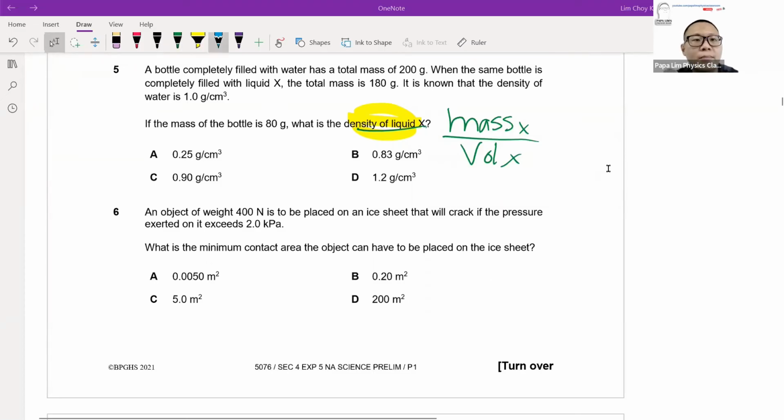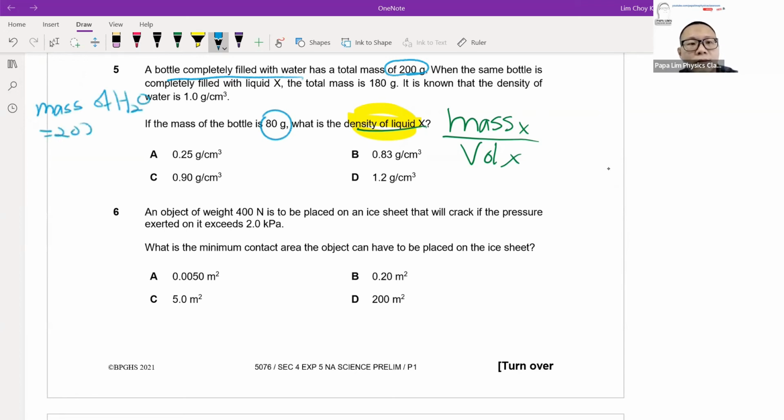The first statement mentioned is that the mass when it's filled with water is 200 gram, knowing that the bottle is 80 gram. Given these two numbers, I will be able to know that the mass of water is 200 minus 80, which gives me 120 gram.